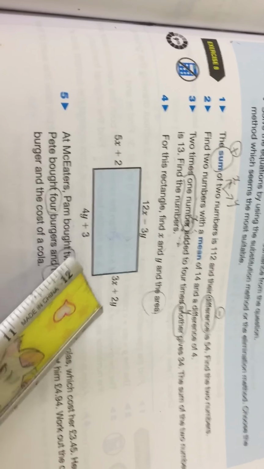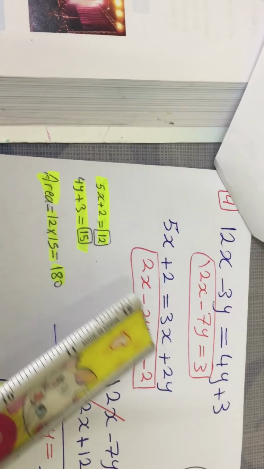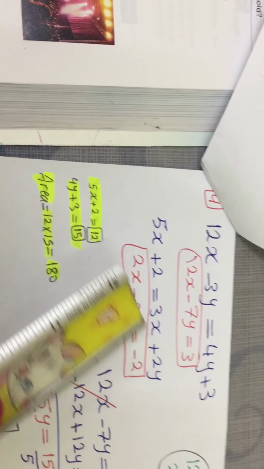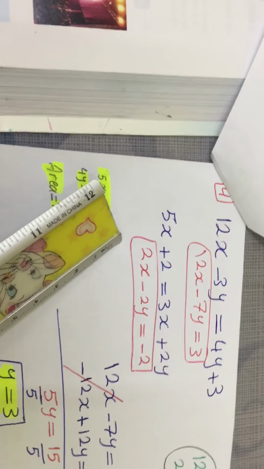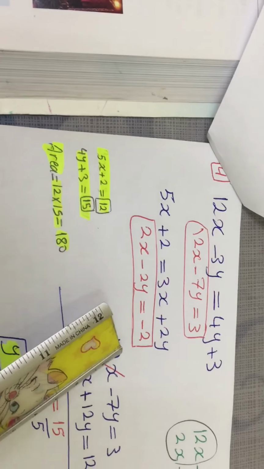And we have these two sides are congruent. So 5x plus 2 equals 3x plus 2y. Let's arrange the equation with x and y on one side and the number on the other side.